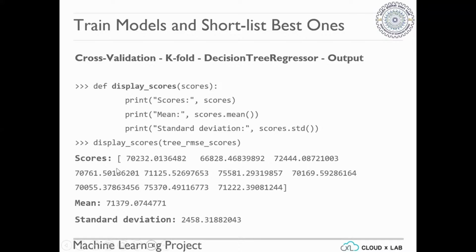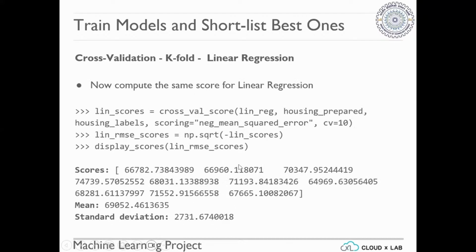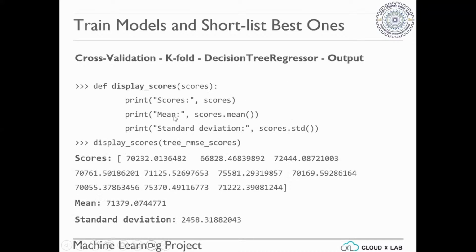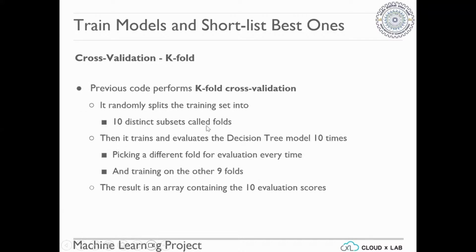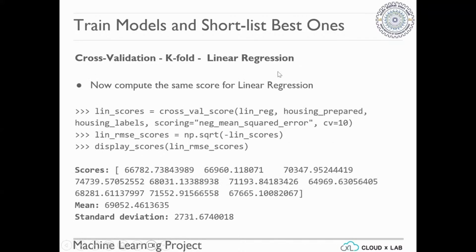Okay, since we are using 10 iterations, we will get 10 score values, and we can get the mean value and the standard deviation. The same process we can repeat for the linear regression model. You can use the same function that we have used here, cross_val_score, to do the cross validation for the linear regression model.